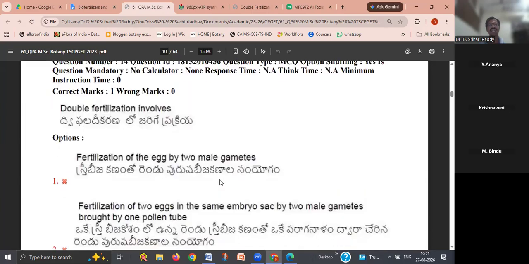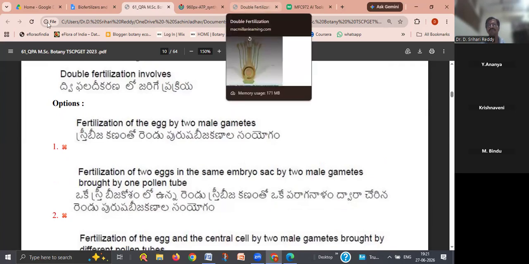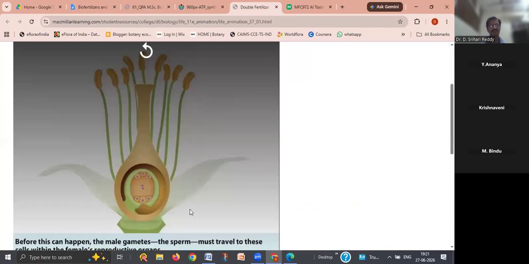Next, double fertilization involves. So here you see double fertilization. How the double fertilization occurs.